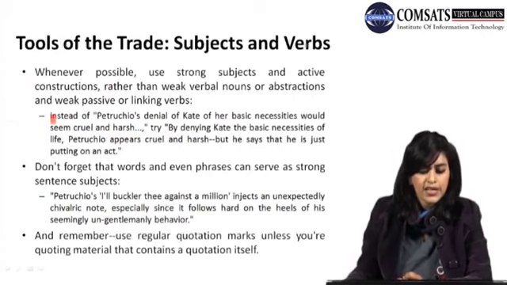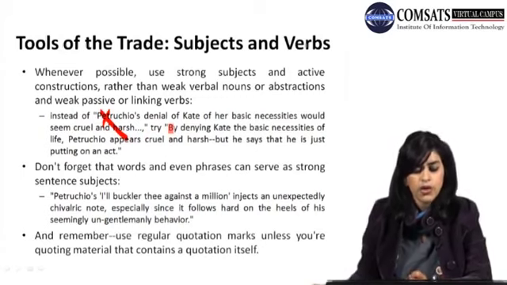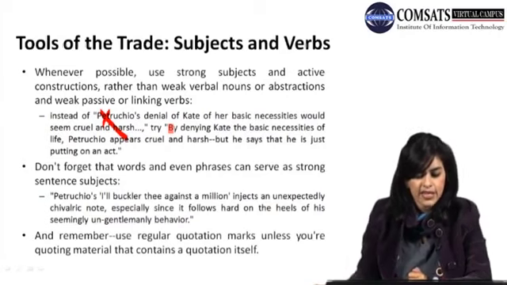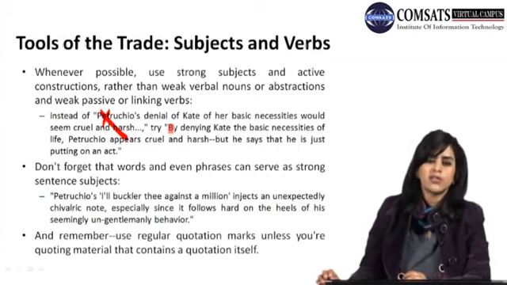For example, instead of "Petruchio's denial of Kate of basic necessities would seem cruel and harsh," you should try this: "By denying Kate the basic necessities of life, Petruchio appears cruel and harsh, but he says that he is just putting on an act." That is a simple way of avoiding merging the subject and verbs together.